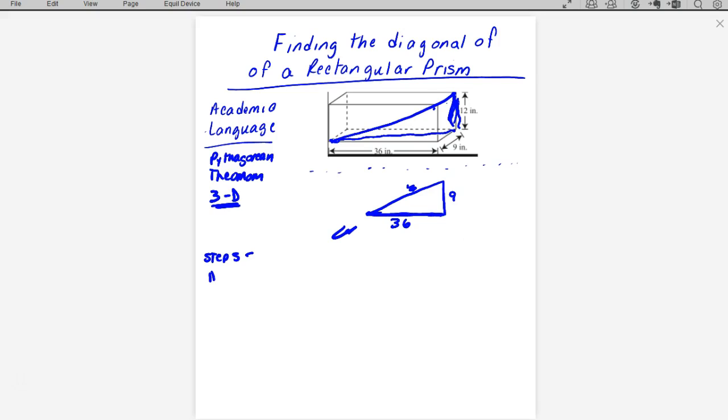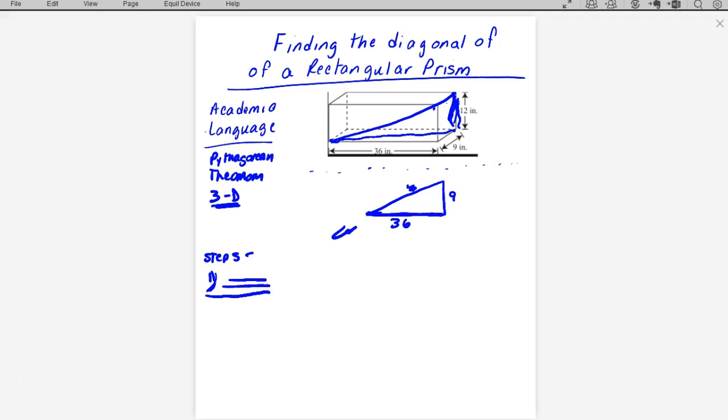Step 1 is finding the diagonal of the bottom of that rectangular prism. However you want to write that down, I need you to write that down here for step 1. And we'll come around and check that you got that in.